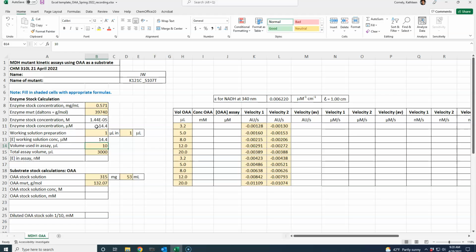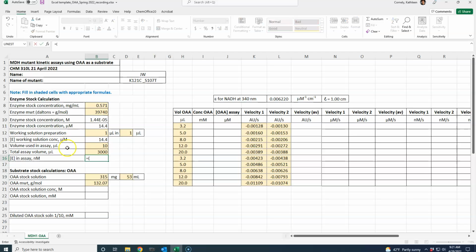So most of us used 10 microliters in the assay. If you used a different volume, you should record that there. And the final assay volume was 3 milliliters or 3,000 microliters. So that means we need to calculate the concentration of the enzyme in the assay in nanomolar. So we need to do a V1 M1 equals V2 M2 calculation.